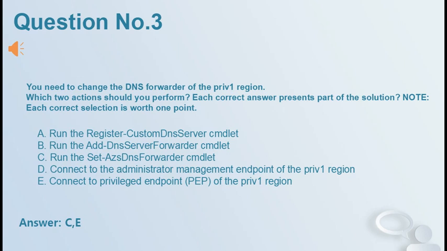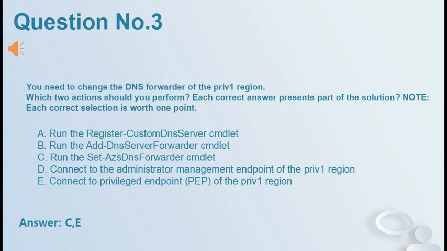You need to change the DNS forwarder of the Priv1 region. Which two actions should you perform? Each correct answer presents part of the solution. Note: each correct selection is worth 1 point. A. Run the Register-CustomDnsServer cmdlet.